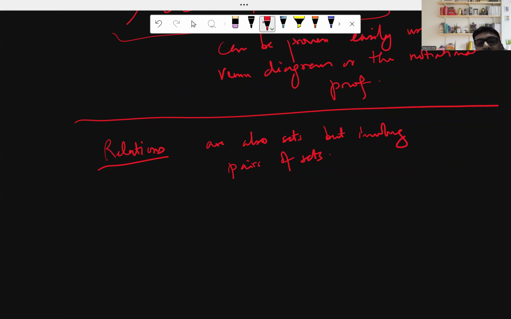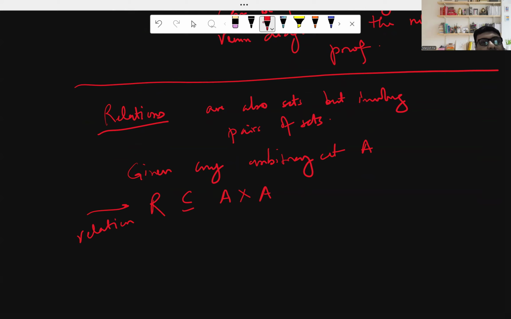So given an arbitrary set A, a relation R is a subset of A cross A, or you can also write it as a subset of A cross B if A and B are two distinct sets.